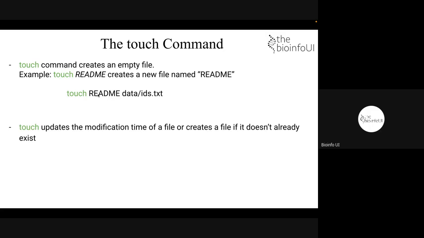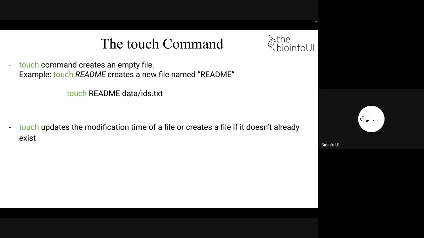One thing I forgot to mention is that you can create multiple files at the same time with the touch command. In this particular example on the screen, we are trying to create two different empty files: one is the README file, and the second one is the ids.txt file.